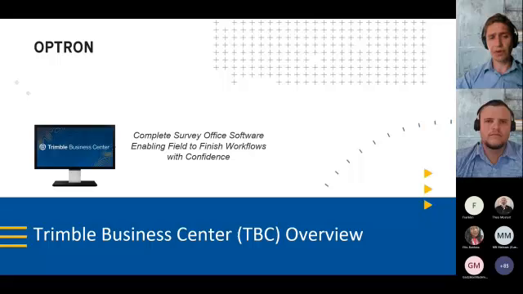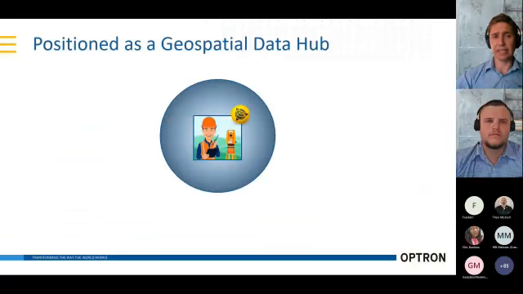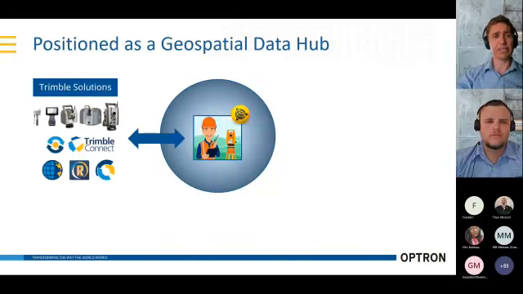I'm now going to move over to Trimble Business Center. The role that Trimble Business Center plays is that this is where you would take your data and actually create your deliverables. So TBC is seen as the geospatial data hub. This is where you would take your hardware components and the data that you've captured, and import your data.